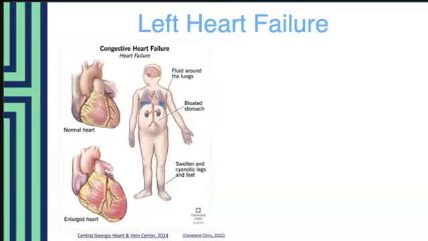This results in blood building up in the blood vessels that are supposed to carry the blood away from the lungs, causing the pressure in the blood vessels to increase, and fluid is then pushed into the lungs, or the air sacs, the alveoli. So the clinical manifestations of left heart failure are the result of pulmonary vascular congestion and inadequate systemic perfusion.